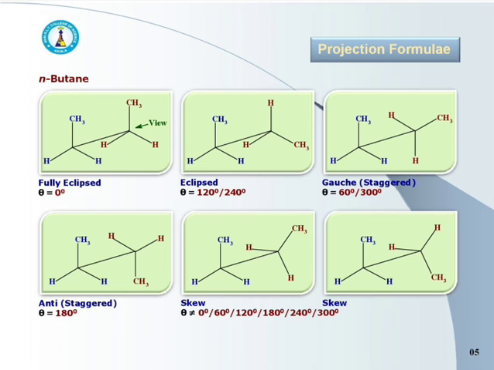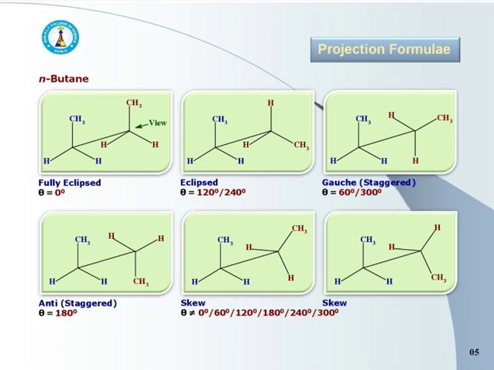Here, the Sawhorse projection formulas for n-butane are shown. Considering the points discussed earlier, all these Sawhorse projection formulas are drawn. First one is for fully eclipsed. Dihedral angle theta is 0 degree.